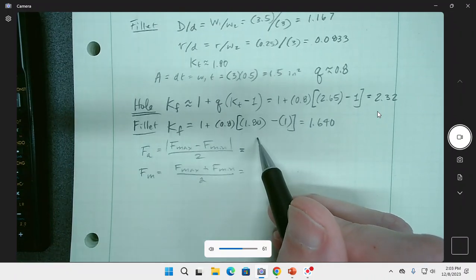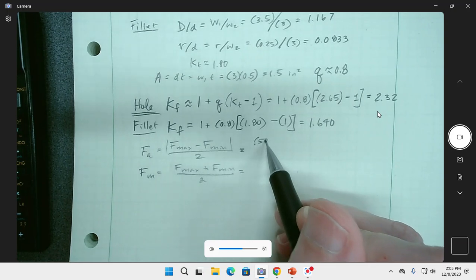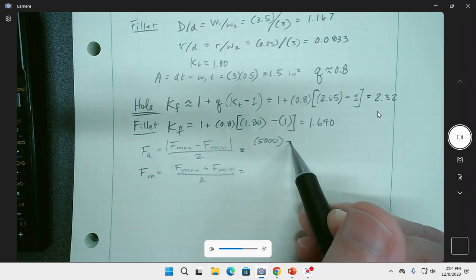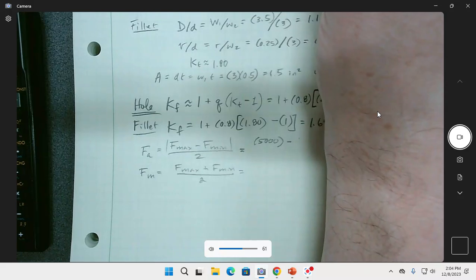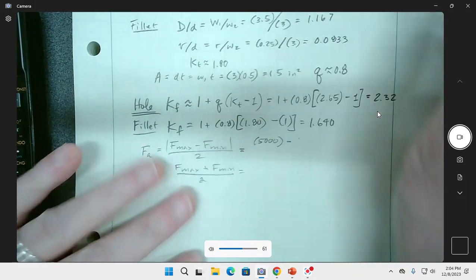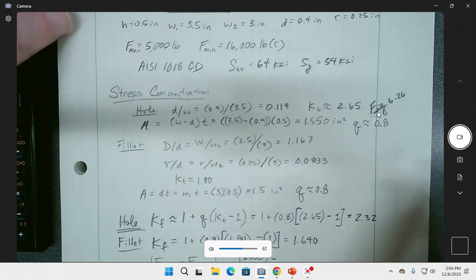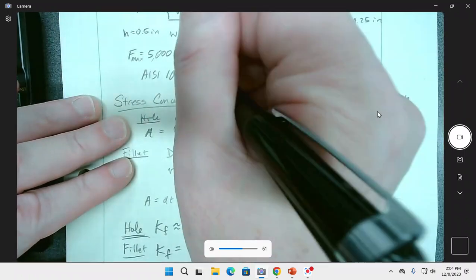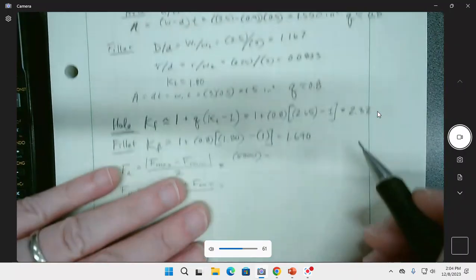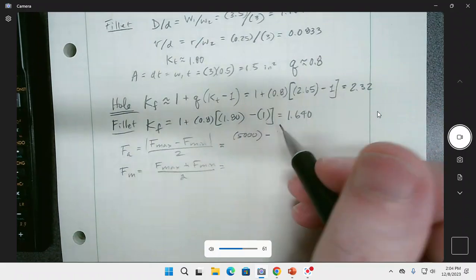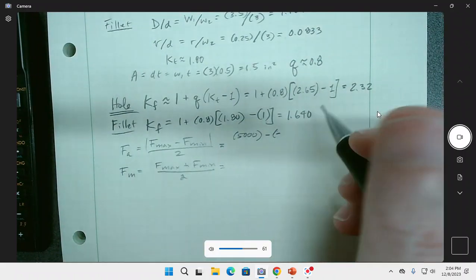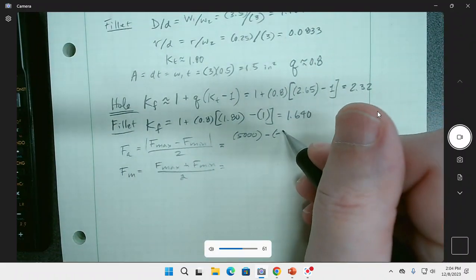The maximum was 5,000, and the minimum was, whoops, I forgot to put it, that's compression. I didn't label it up above, so I'm going to leave it. There's compression, and this is tension. So that's why they told us to forget about the column buckling.